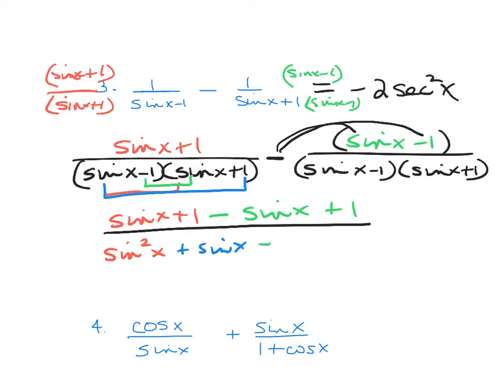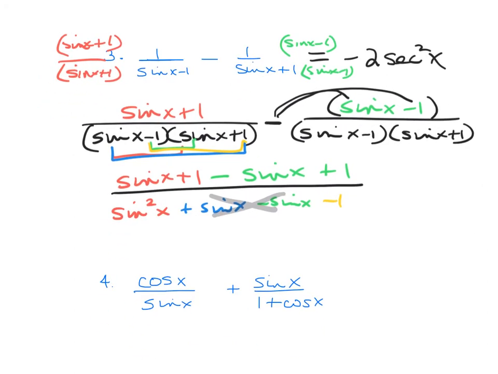Inside gives me negative sine x, and then last gives me -1. Notice the middle here, the blue and the green cancel. Notice in my numerator, also, I have sine x minus sine x is 0. So all I have to add in the numerator is 1 plus 1.